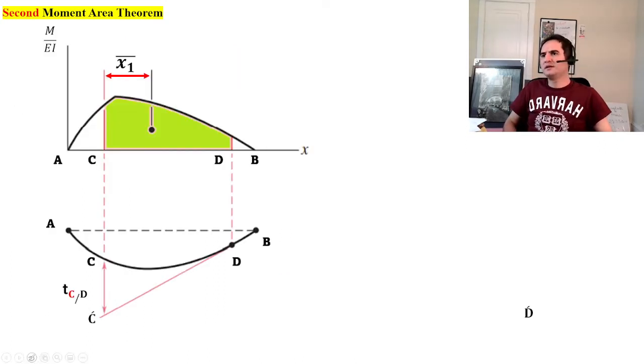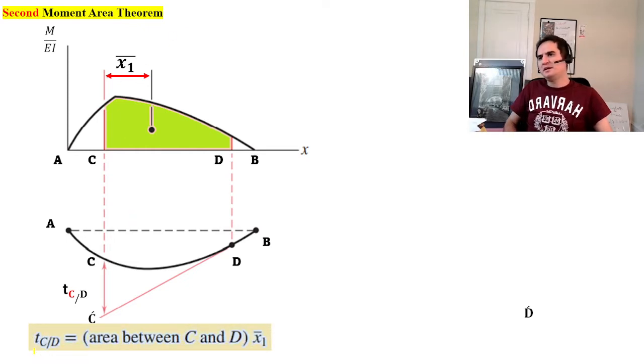Again, the second moment area theorem says that t of C with respect to D is the area under C and D on the M over EI diagram, times x1.